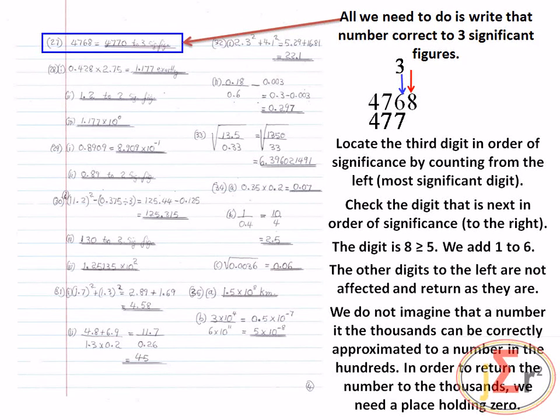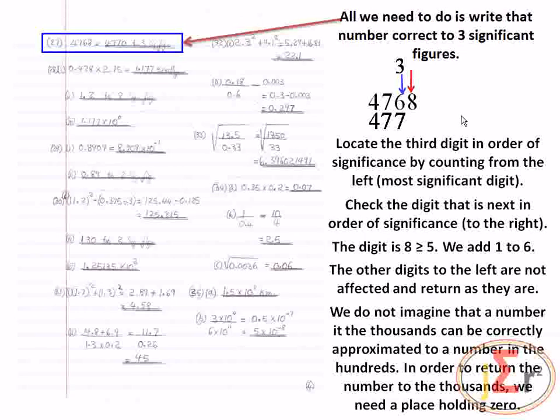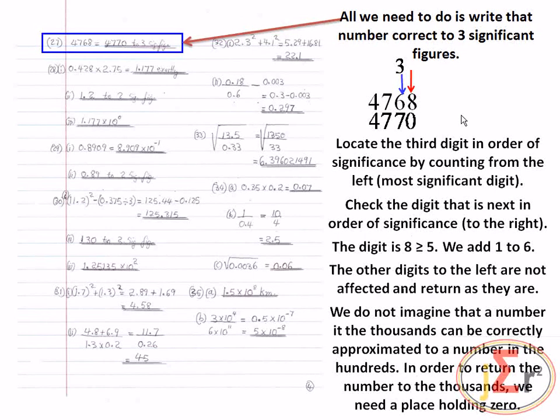Therefore, we need to have a place holding 0 here in order that this number will return to the thousands, because the original number is within that range. So there is our place holding 0.